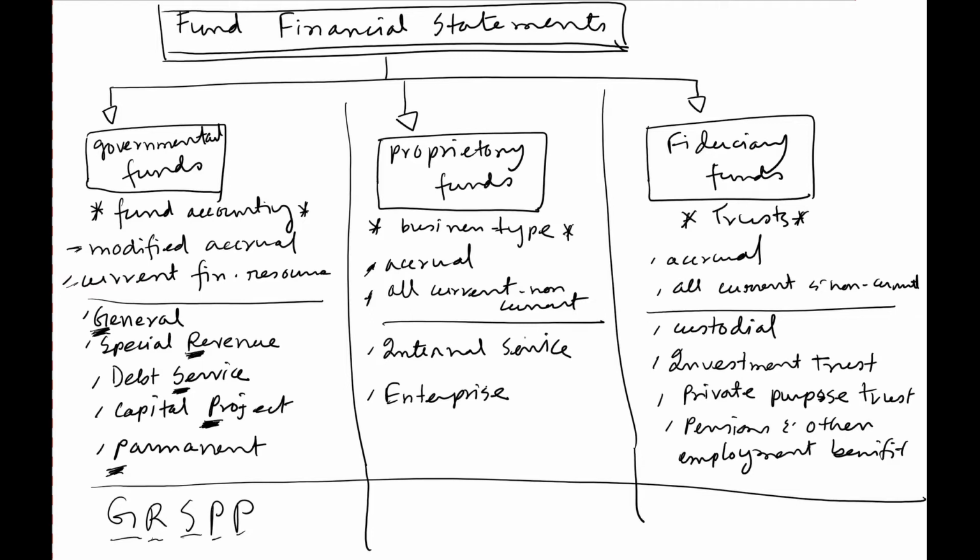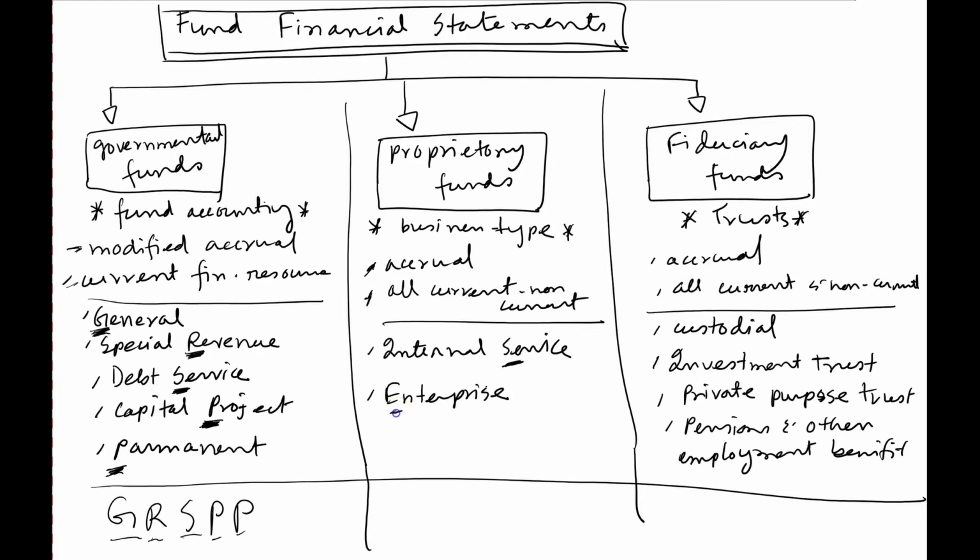These internal service funds basically cover services or goods provided in exchange for fees to other governmental units. That means the users of those services are other governmental units, so their customers are internal within the government.